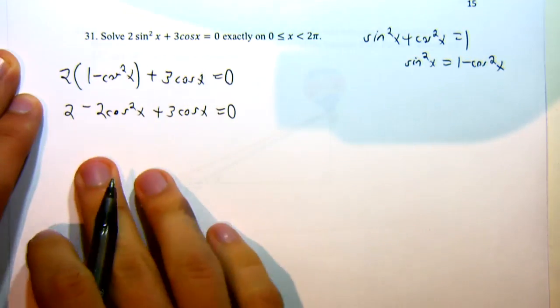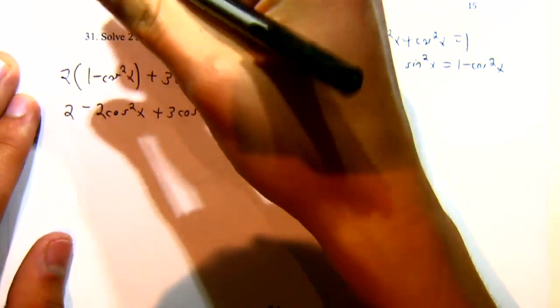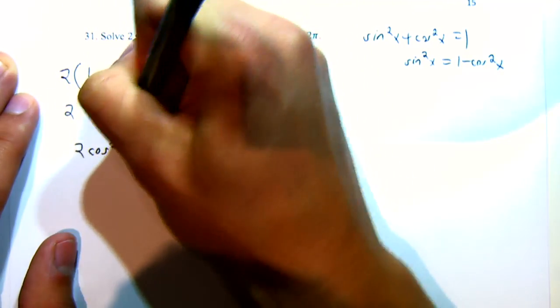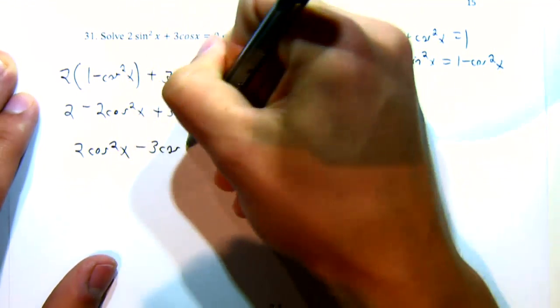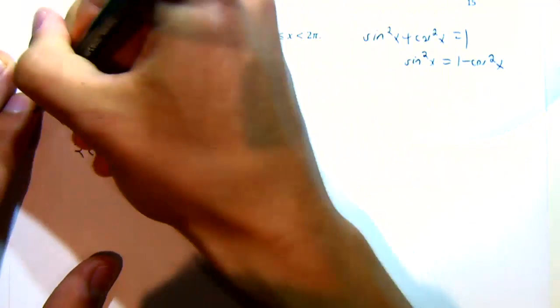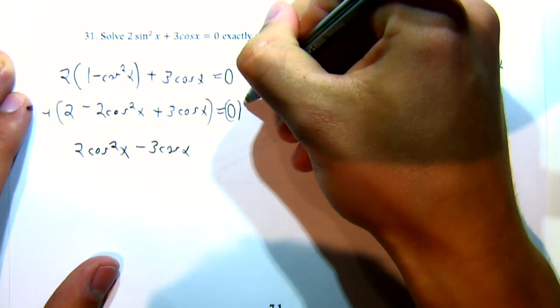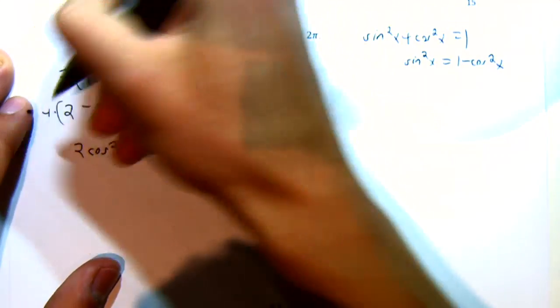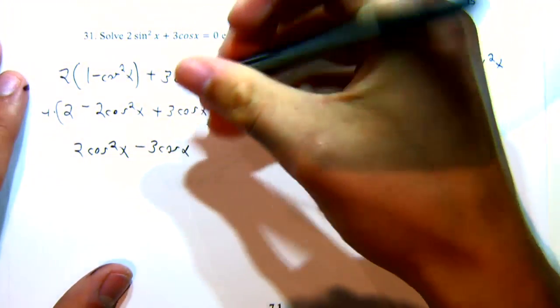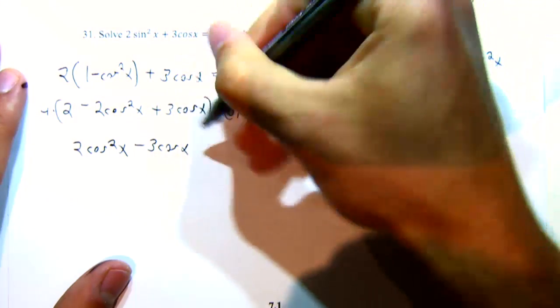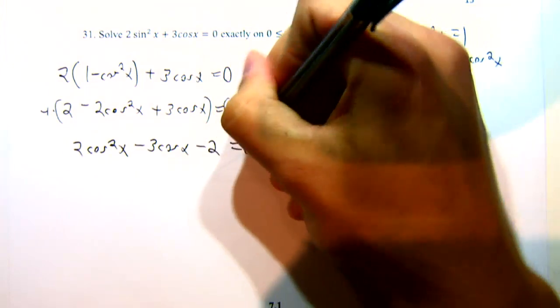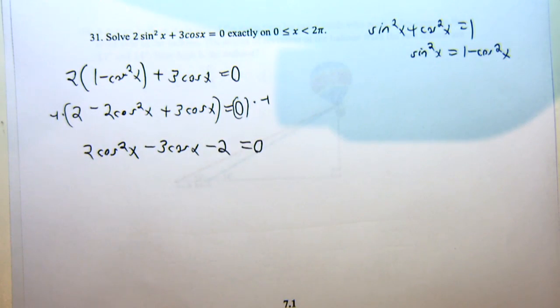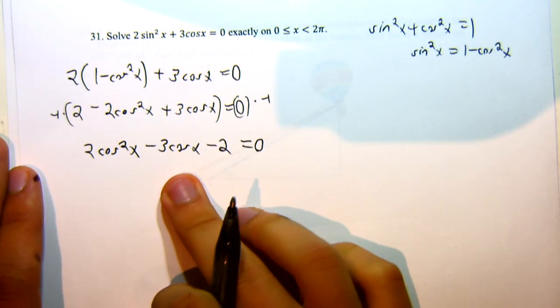And so that ends up being 2 cosine squared x minus 3 cosine x. Obviously 0 doesn't change. So 2 cosine squared x minus 3 cosine x minus 2 is equal to 0. So with this, we can now factor.